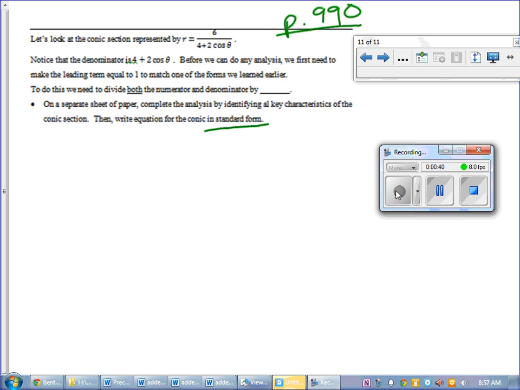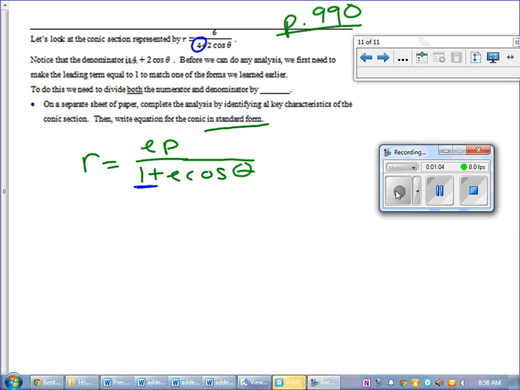All right, so we got to start with the eccentricity. Remember that the parent equation, the general form, is EP over 1 plus E cosine theta. The key here to remember is that the parent has a 1 in it. This equation does not start with 1. It starts with a 4.